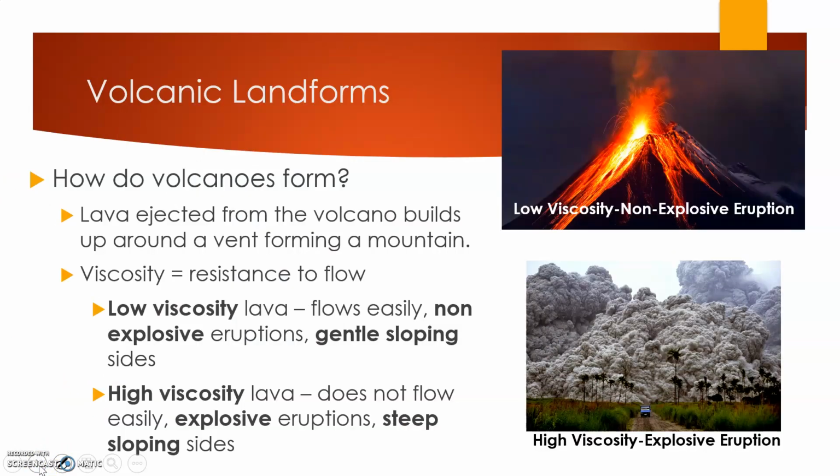All right, so how do volcanoes form? Well, there are two types of things you need to know about when we talk about how volcanoes form. Viscosity, and that can be low or high. So volcanoes form from lava being ejected from the mountain building up around a vent and creating the actual mountain shape itself. As the volcano erupts and explodes, it builds on itself, especially if it's the kind that flows lava, like here.